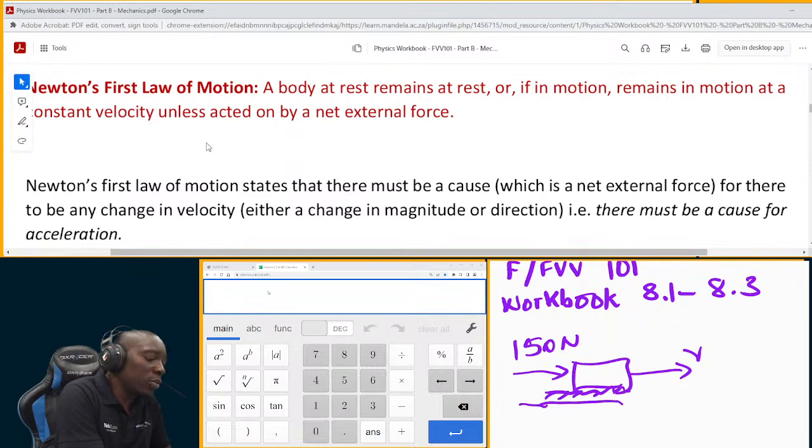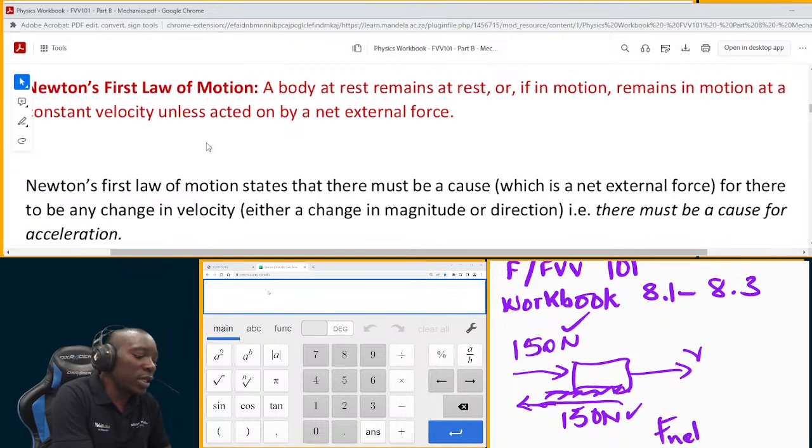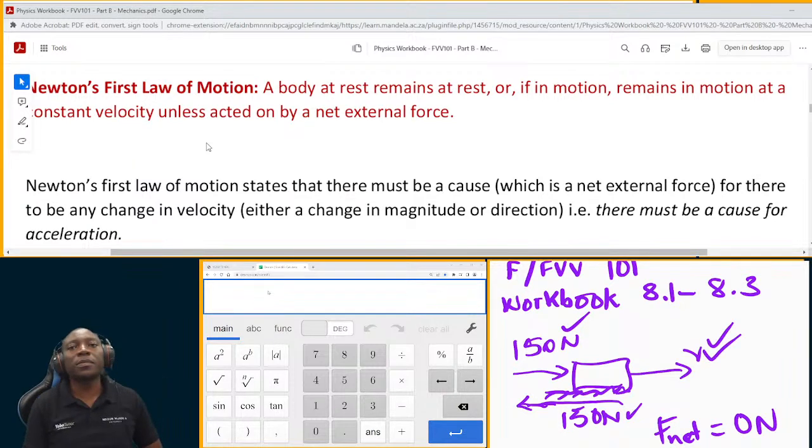It's a force that opposes motion, so it's in the opposite direction, and it's 150 Newton. So these two are external forces acting in opposite directions, and the net external force there is equal to 0 newtons. This body remains in its state of uniform motion. It remains moving at a velocity v. That's basically one of the consequences of this law.